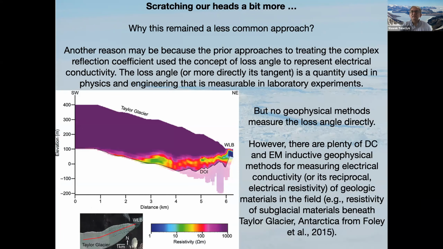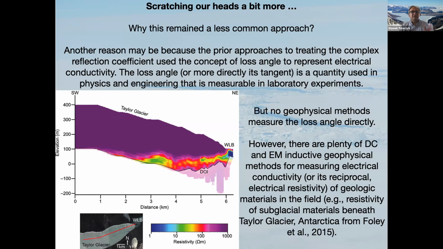Okay, the last thing that came to my mind, for why we've been sticking to the permittivity-only formulation for reflectivity, is that the complex versions of that equation, for the most part, have used something that we are not using much in geology or geophysics or earth sciences, which is the tangent of the loss angle, a great quantity if you are measuring the dielectric properties of a material in a lab.